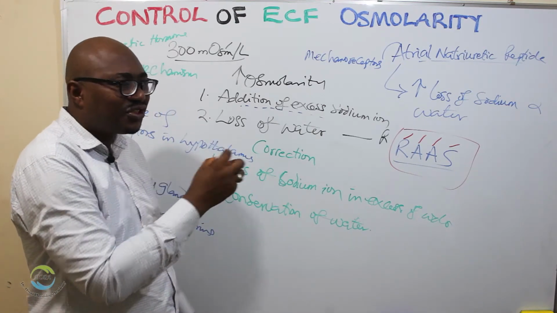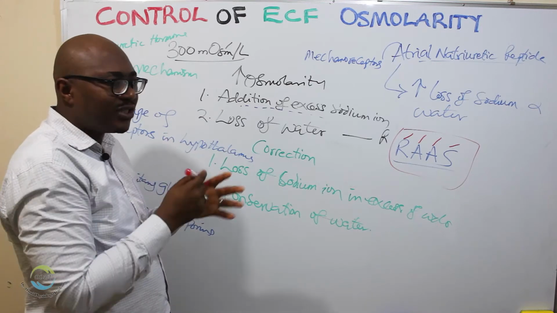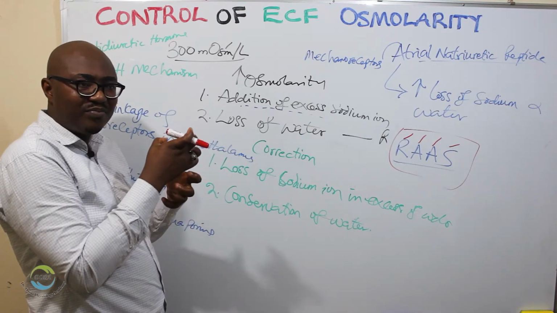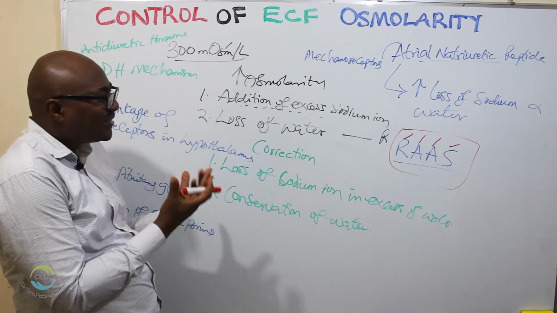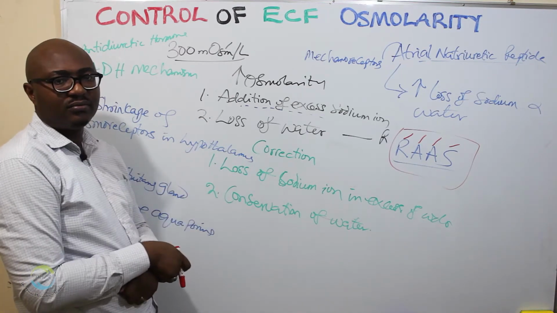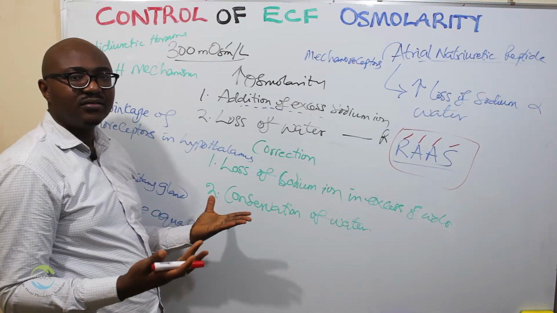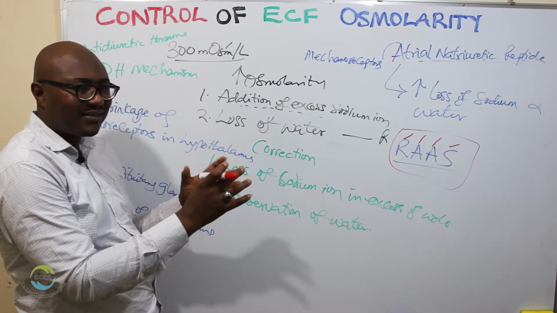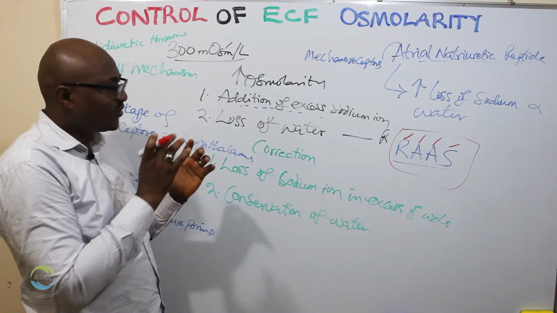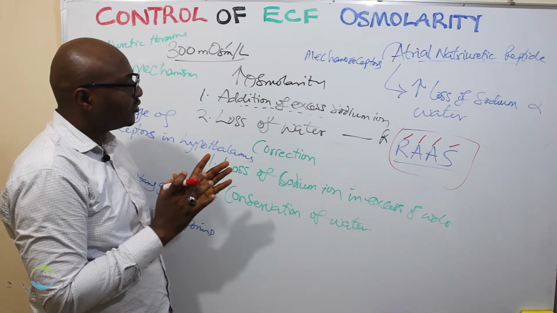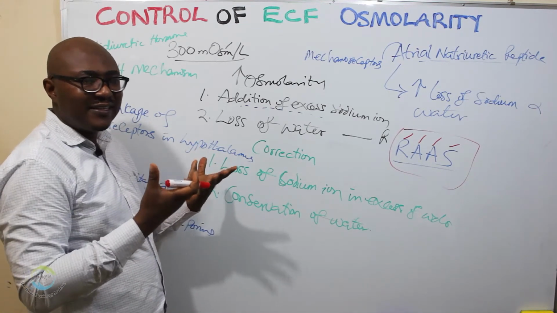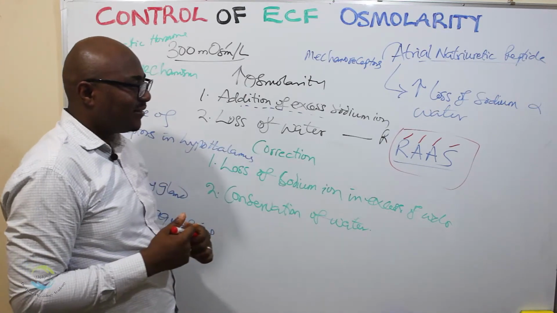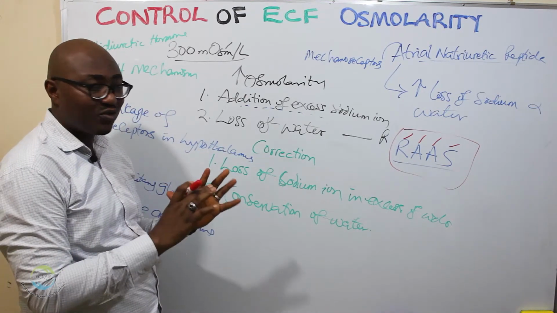So the fastest way the body tries to solve that problem is to constrict the blood vessels in order to increase the blood pressure. But there's a limit to which the body can go through that constriction of blood vessels alone. So it needs to raise up the blood volume. So that's where this mechanism comes into play.